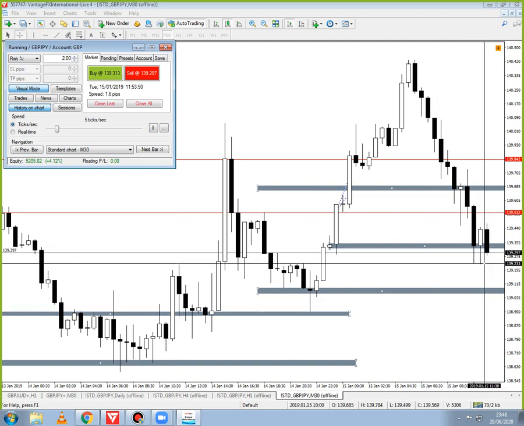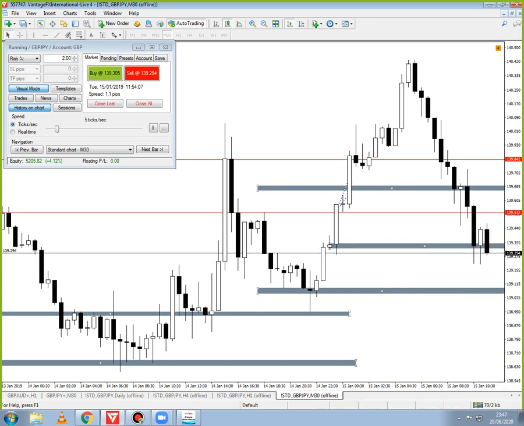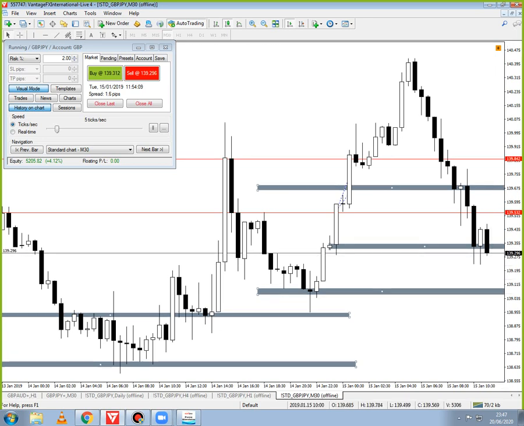Ideally, we want to see a break of this level with maybe about a 15 pip stop, middle of the range, continuation down, so about 1-to-1. I think that might be an idea. Or if this candle closes below this area in the next 5 minutes, we're looking to take a sell down to support.